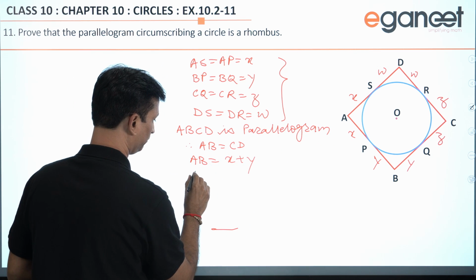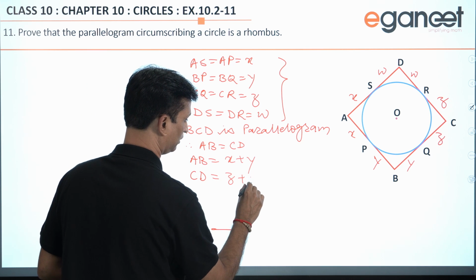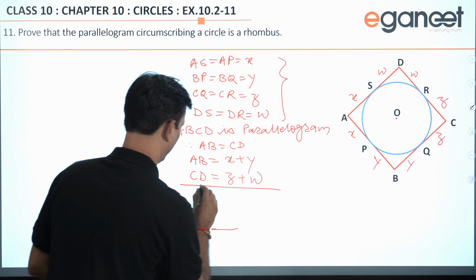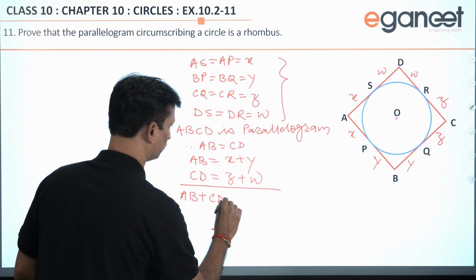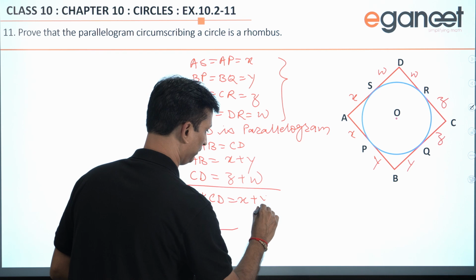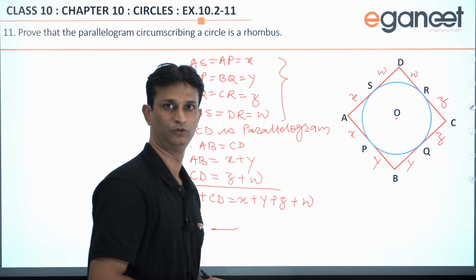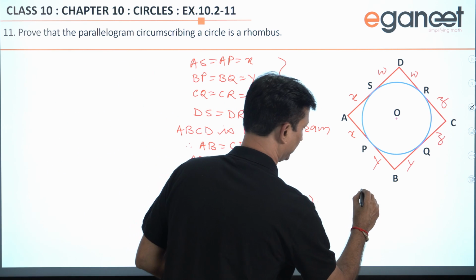What is CD? CD is z plus w. Okay, now on adding these two, I am getting AB plus CD equal to x plus y plus z plus w.